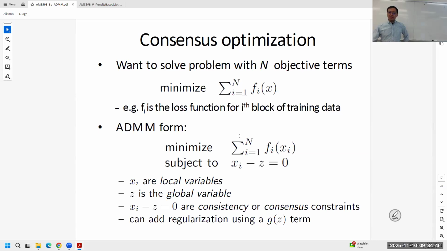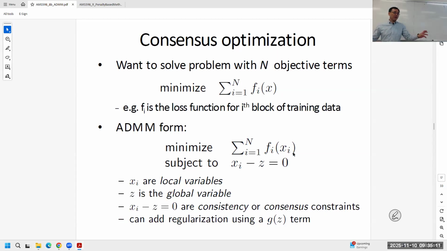With this so-called consensus optimization, we converted our problem. Instead of optimizing the parameter on the whole data set, essentially if you want to optimize the overall function in the ADMM form, we can just minimize the fi xi by itself.